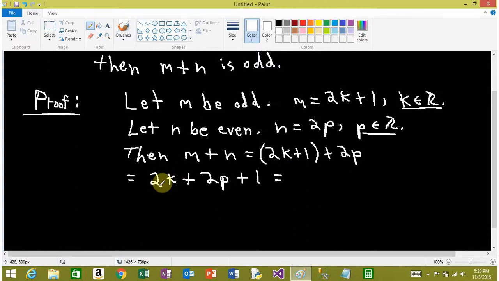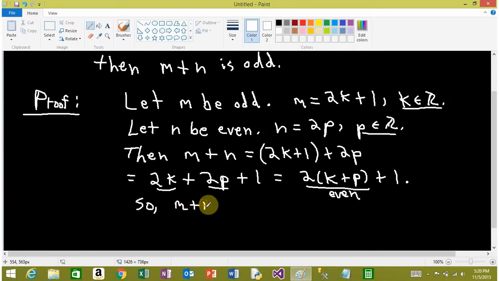Then we're going to factor out a 2 with the k and the p, so that's 2 times (k plus p) plus 1. You can see that k plus p is also an integer, and 2 times that is going to be even. And since any even number added to 1 will be odd, we can say M plus N is odd. And there we go, that's the end of the proof. Then we put a little symbol there to show that we're done with the proof.